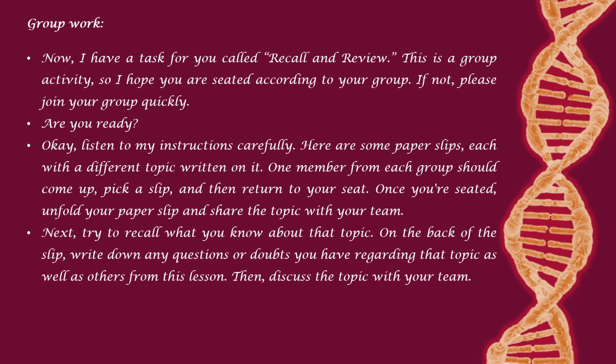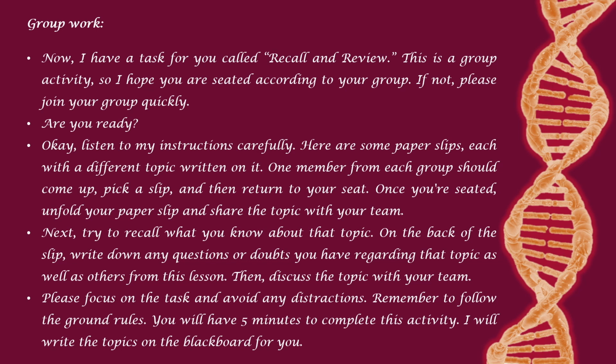On the back of the slip, write down any questions or doubts you have regarding that topic as well as other from this lesson also. Then discuss the topic with your team. Please focus on the task and avoid any distractions. Remember to follow the ground rules. You will have 5 minutes to complete this activity.